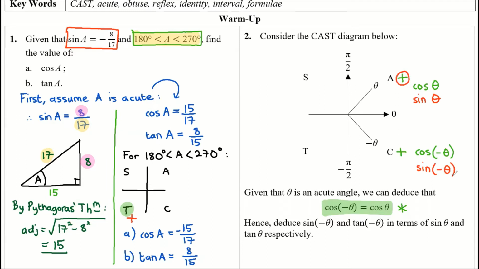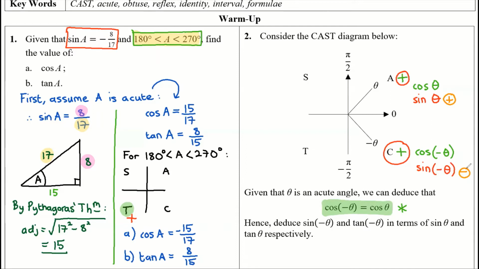Well, we know that only cosine is positive in this quadrant. So yes, they would be the same value if we took the absolute value, but because only cosine is positive, the sine value in that quadrant must be negative. So I'm just going to make a note of that. The sine value here is positive, but the sine value here is negative.